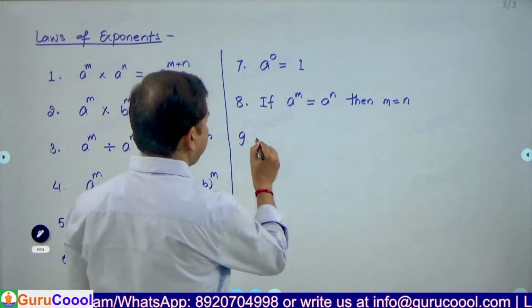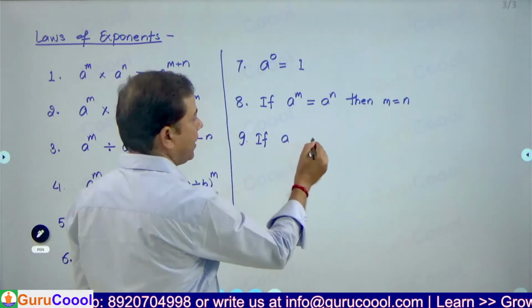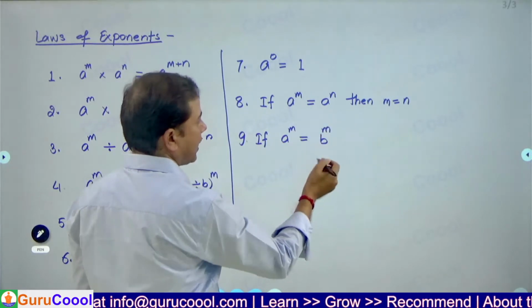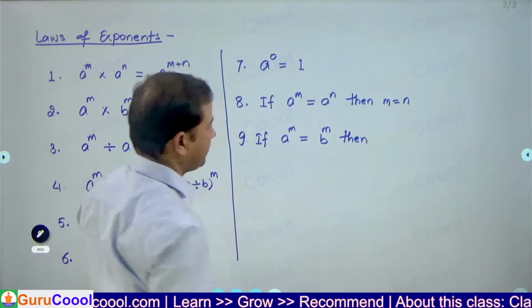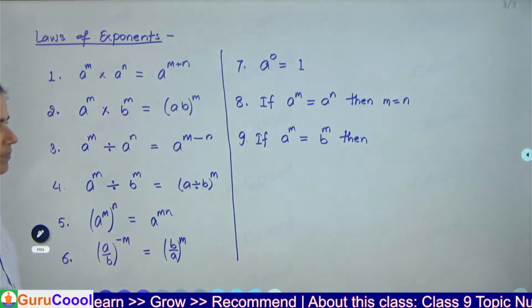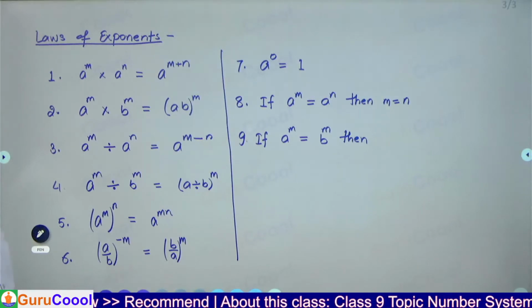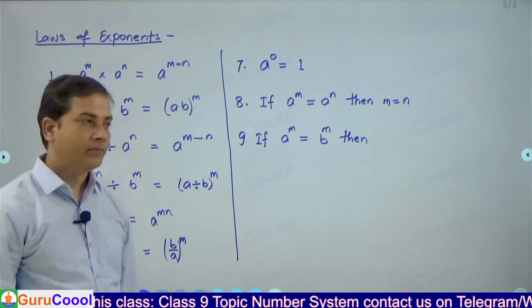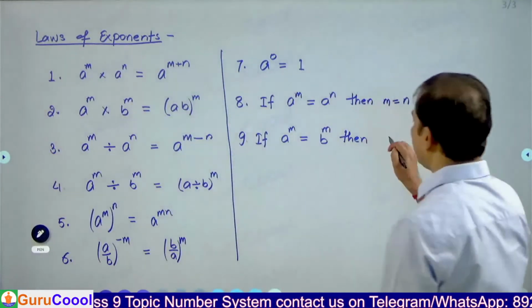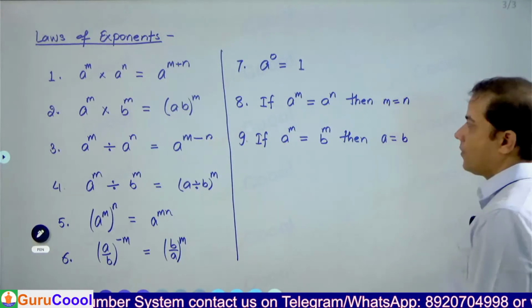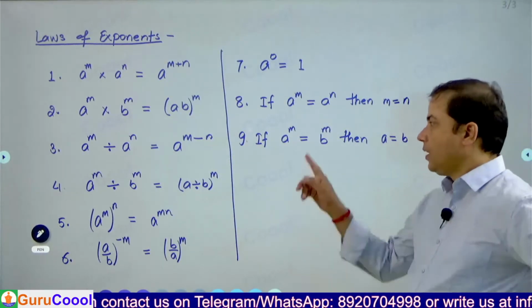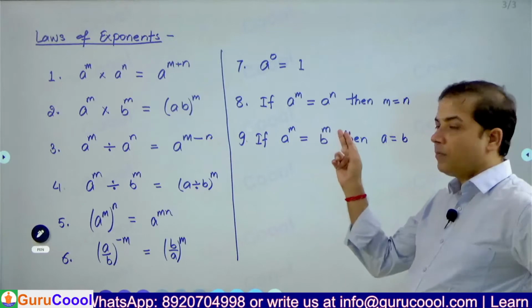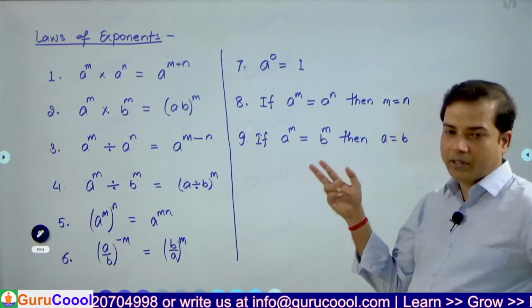Number 9. If you have different bases both sides, powers same, and equal sign between them, what's the conclusion? A is equal to B. Simple rule is that if there is an equal sign, if bases are same, powers will be same. If powers are same, then bases will be same.